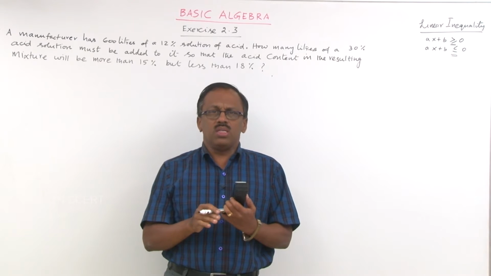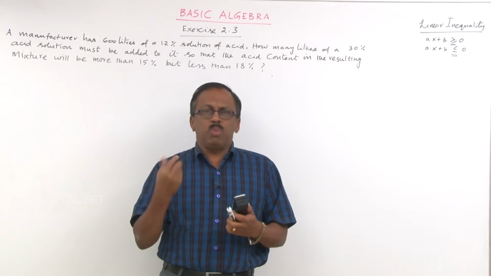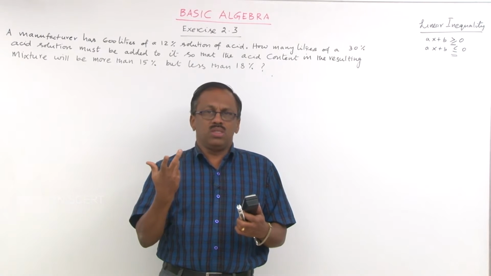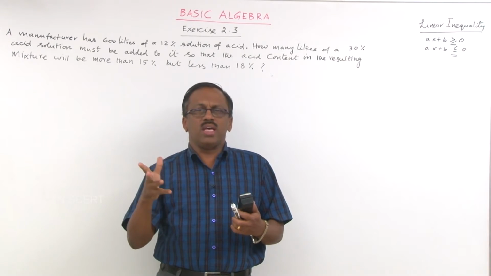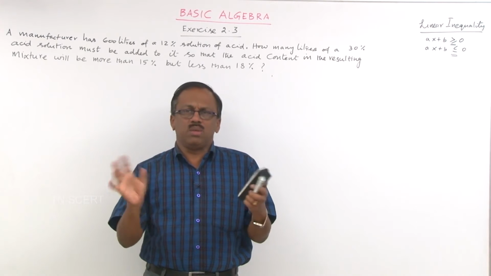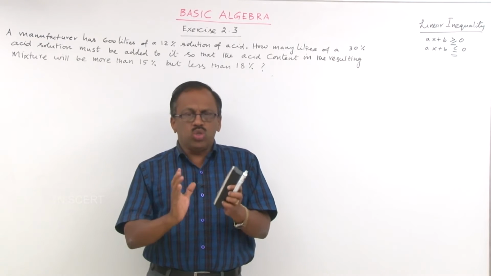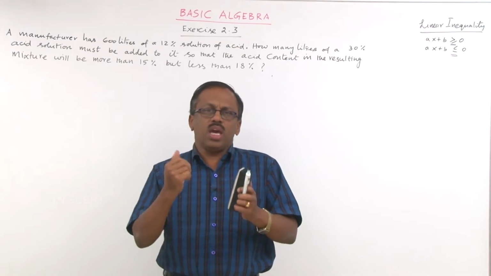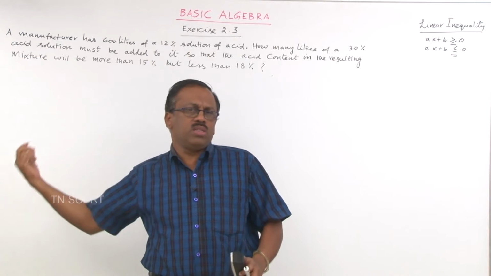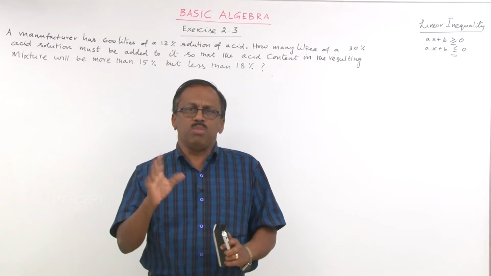Someone is preparing some solutions. It may be an acid or a mixture of some acid. Some solution he is preparing, like a chemist. You can take this manufacturer as a chemist.